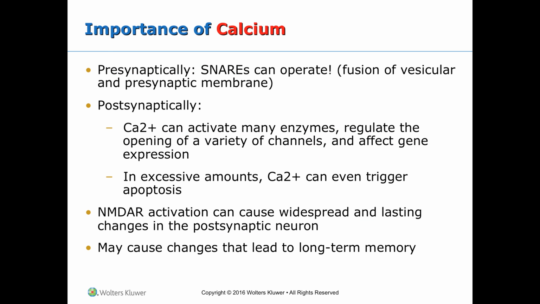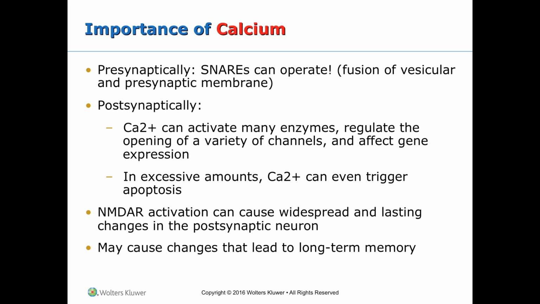So, highlighting the importance of calcium, presynaptically it's vital in order for SNAREs to operate. This allows for the fusion of the vesicular and presynaptic membranes. Postsynaptically, calcium has the really cool ability to activate numerous enzymes, not only regulating the opening of a variety of channels, but it can also affect gene expression.